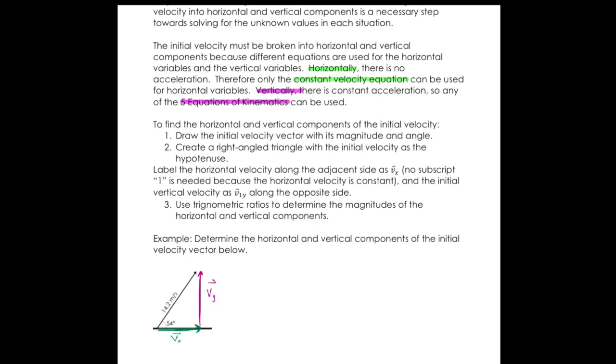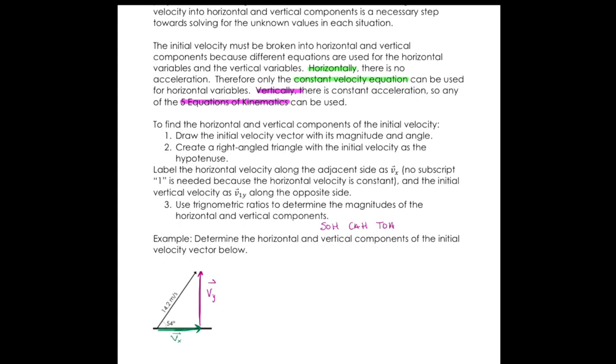Okay, and then we're just going to use trigonometric ratios, SOHCAHTOA, in order to solve for this. So let's do our vertical aspect, our y, first.